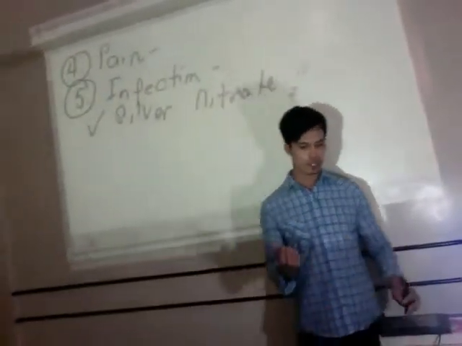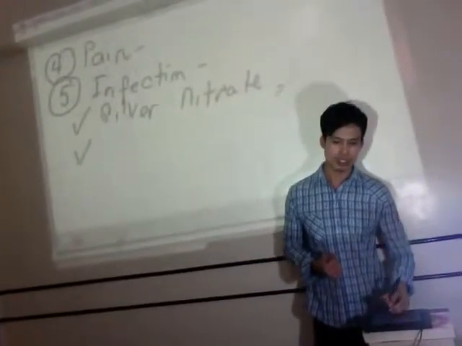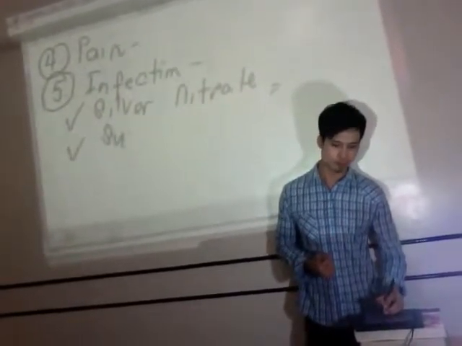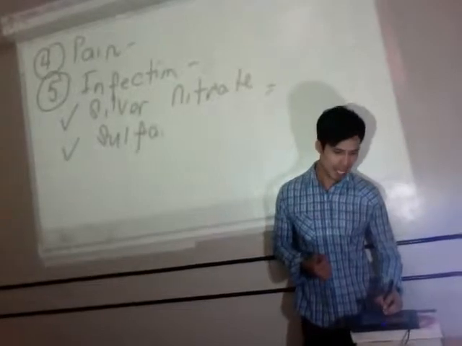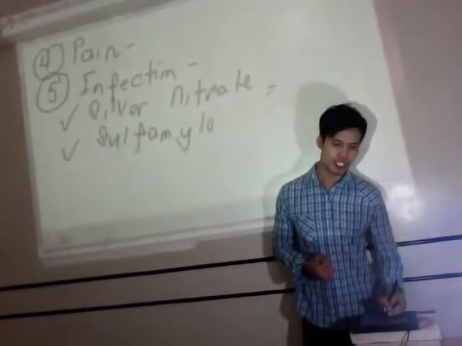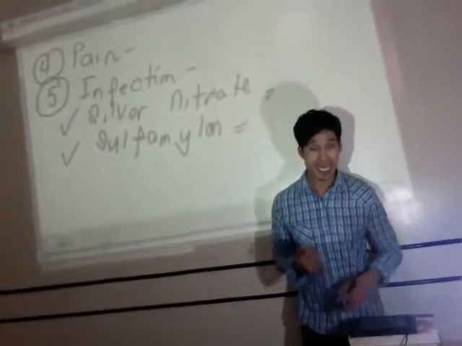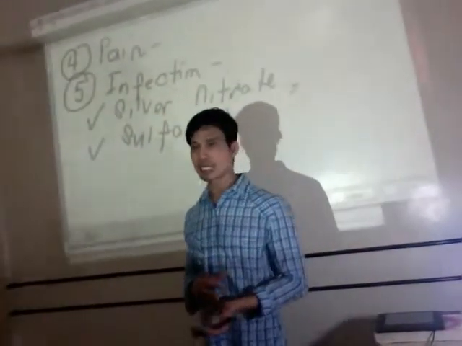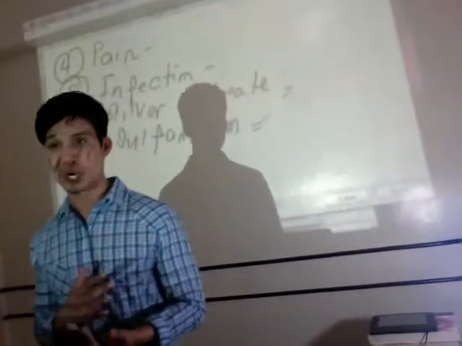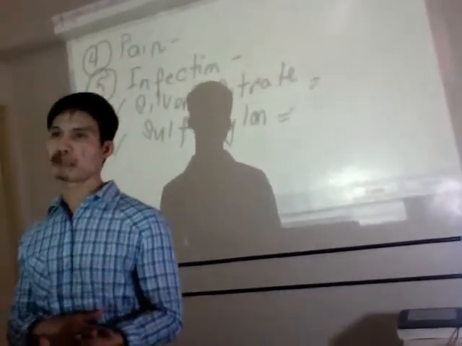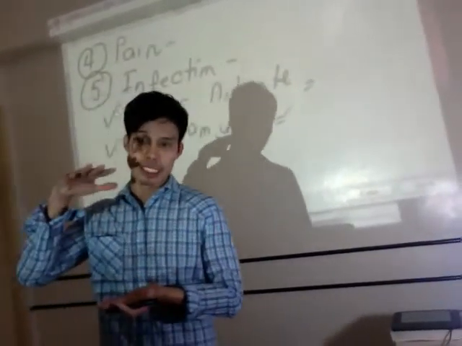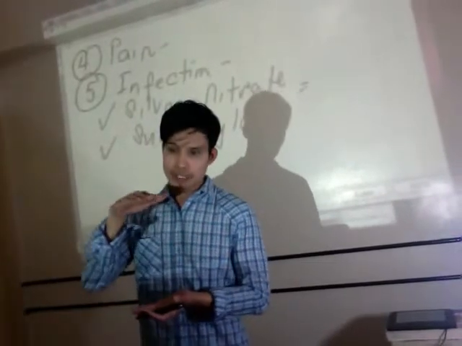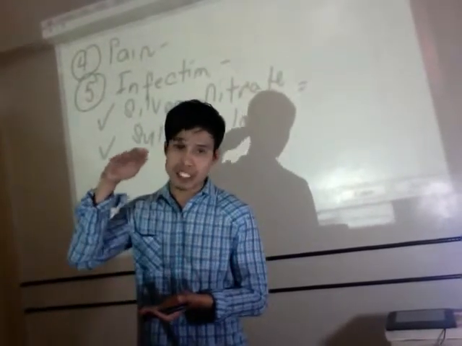After silver nitrate, we can also make use of sulfamylon or mafenide acetate. Sulfamylon is very interesting, and this is one of the most common antimicrobial agents being used by doctors right now. It is because it can penetrate the eschar. Remember, eschar is the necrotic tissue without blood supply.